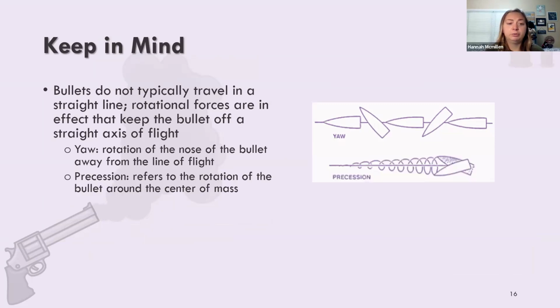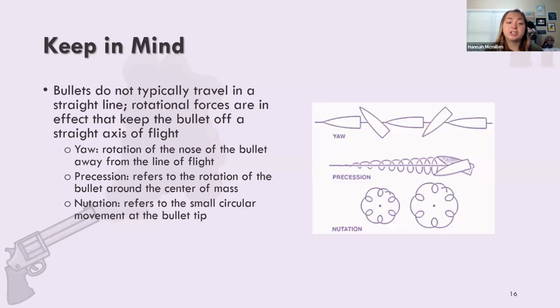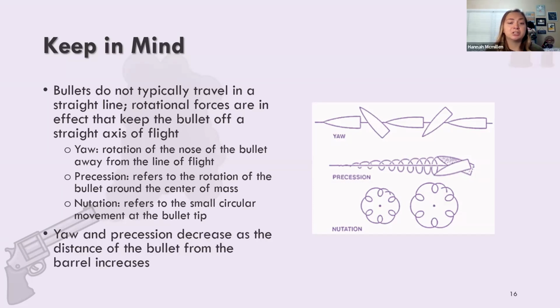We have precession, which refers to the rotation of the bullet around the center of mass. And then we have nutation, which refers to the small circular movement at the bullet tip itself. So we're not always seeing that consistent straight line of motion. Yaw and precession decrease as the distance of the bullet from the barrel increases. So the longer it's been traveling, we see less yaw and less precession.